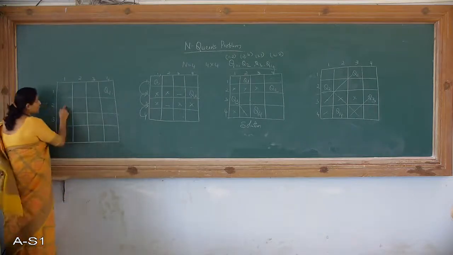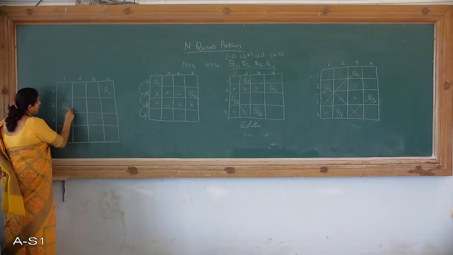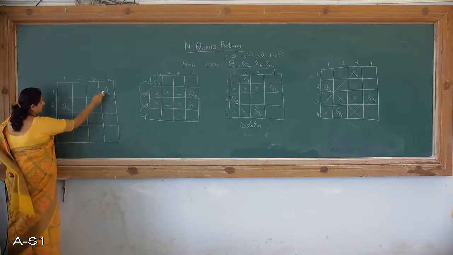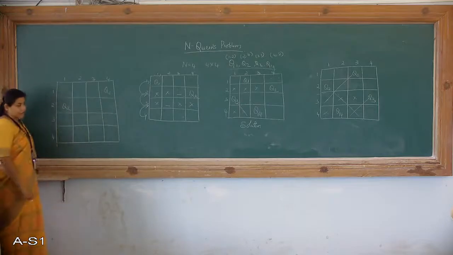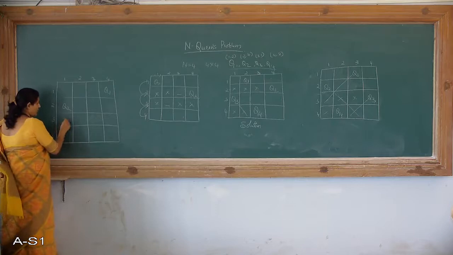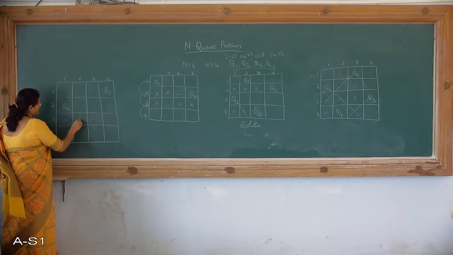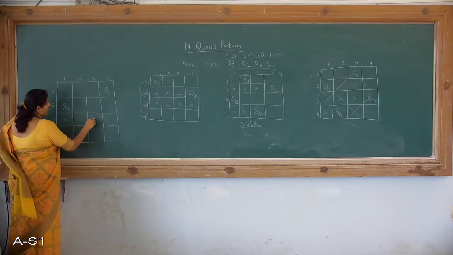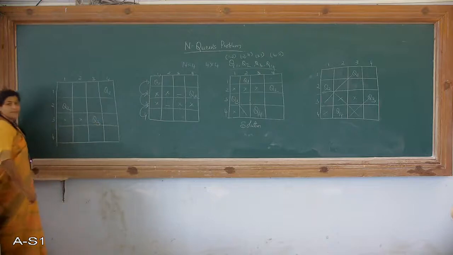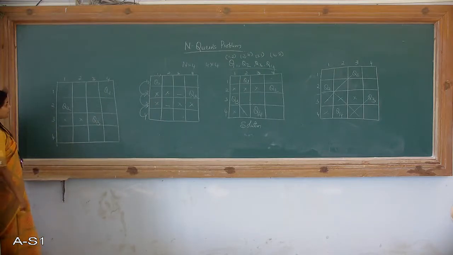Now can I place my queen 2 here? Yes, because nothing in the row and nothing in the column, and now the diagonal. Then can I place my queen 3 here? No, because it's the diagonal. Can I place my queen 3 here? Yes, I can place my queen 3 here.